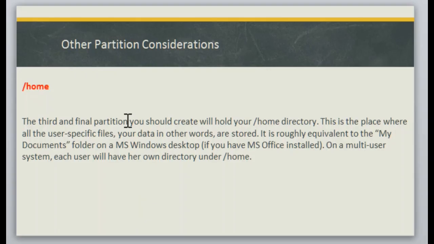So this is the place where all user-specific files, your data in other words, is stored. It is roughly equivalent to the My Documents folder on Microsoft Windows. On a multi-user system, each user will have his or her own directory. So there can be a lot of different home directories on one machine just depending on how many users you actually have on the system.